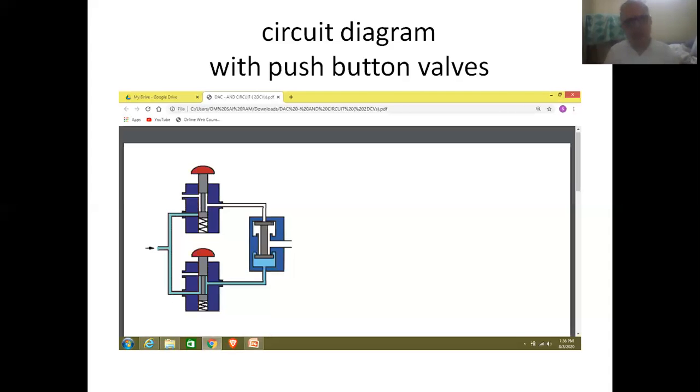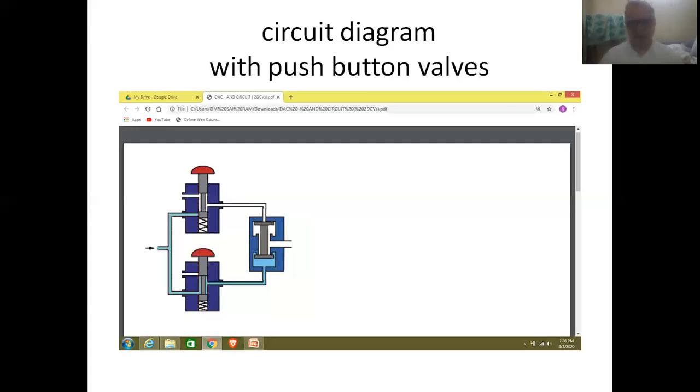So friends, we have talked about end valve circuits used for controlling vertical cylinders. And also we have talked about end valve circuits used for controlling horizontal cylinders. Also we have talked about push buttons. In this circuit we have talked about push buttons used for controlling valve elements. And in the previous circuit we have talked about solenoids used for controlling valve elements.